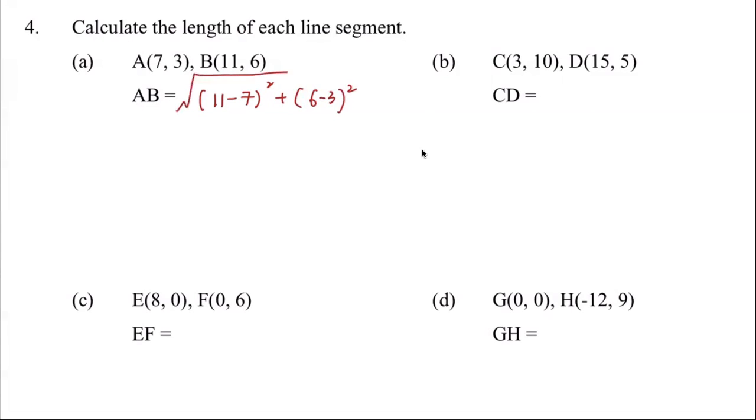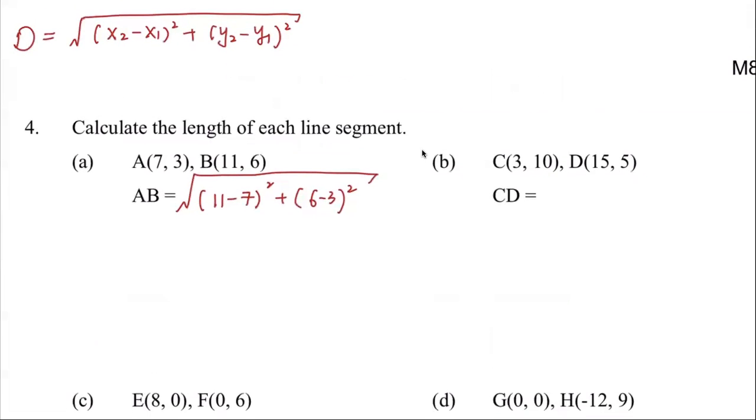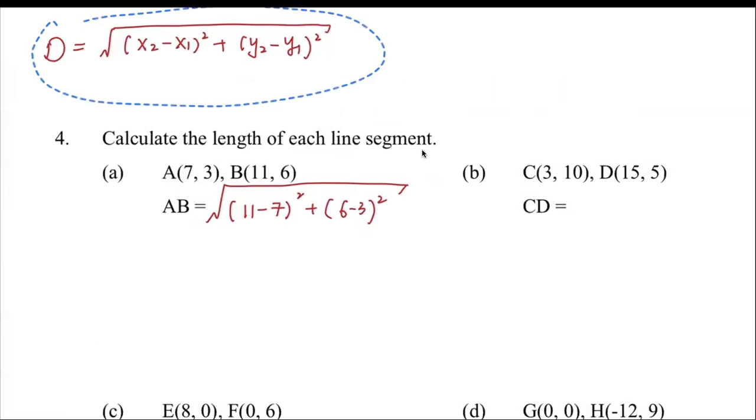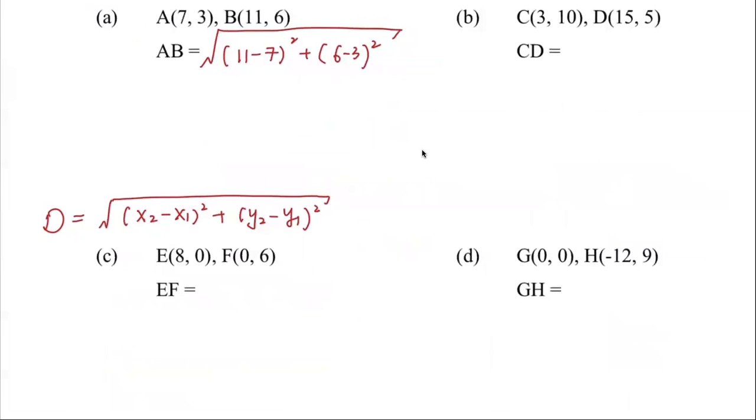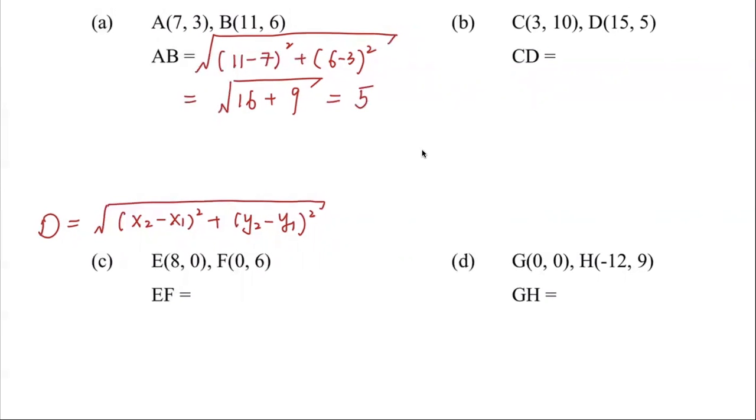Let me move this formula so we can always look at it. 11 minus 7 is 4, 4 squared is 16. 6 minus 3 is 3, 3 squared is 9. 16 plus 9 is 25, and the square root of 25 is 5. So that's AB.